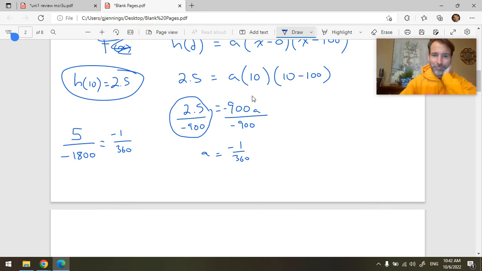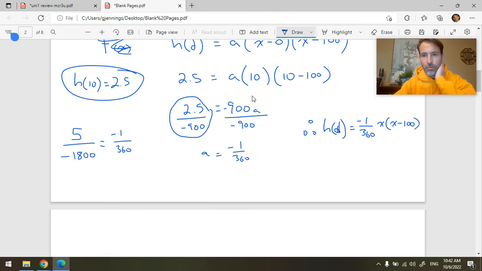Therefore, h, height, which is a function of distance, is equal to negative 1 over 360 multiplied by x, multiplied by x minus 100. Notice I didn't write x minus 0 there because that's just x. So here's my function.